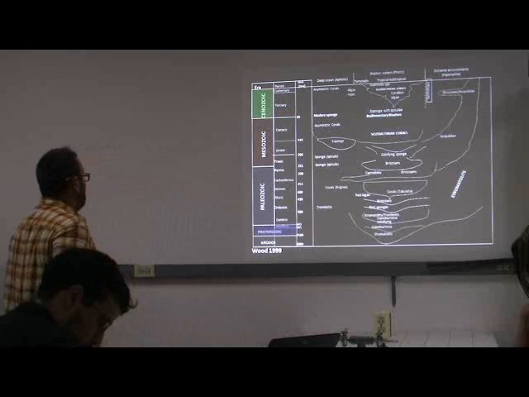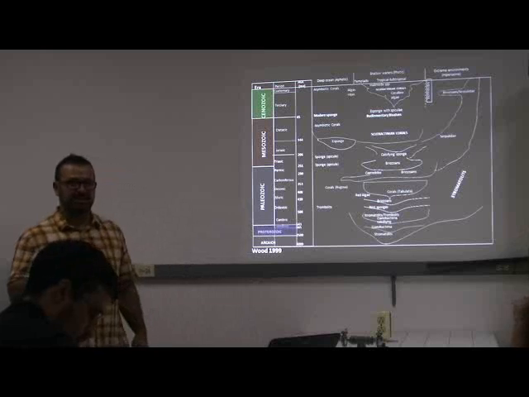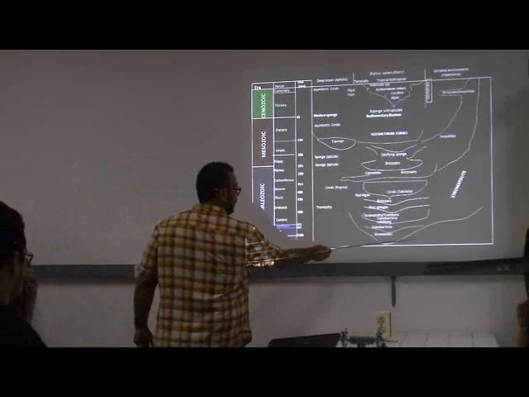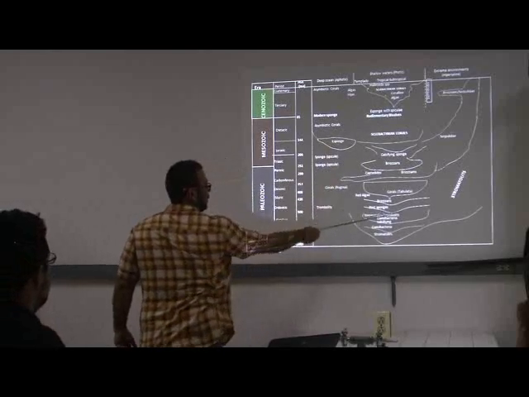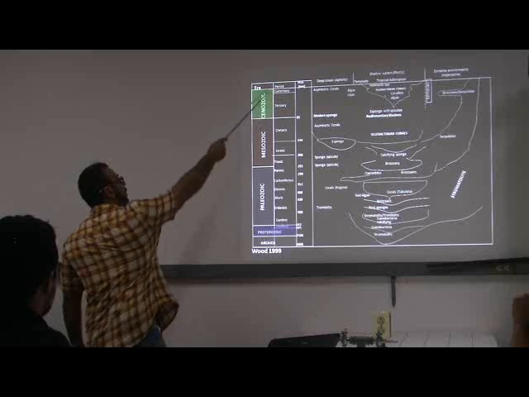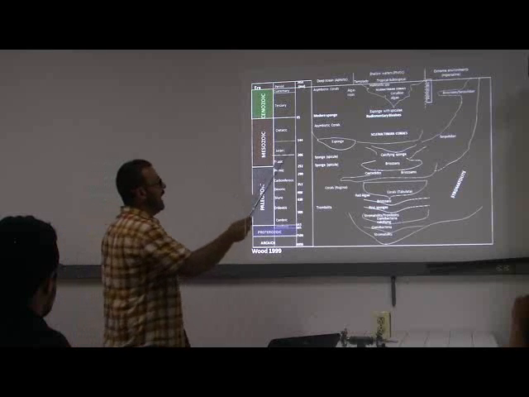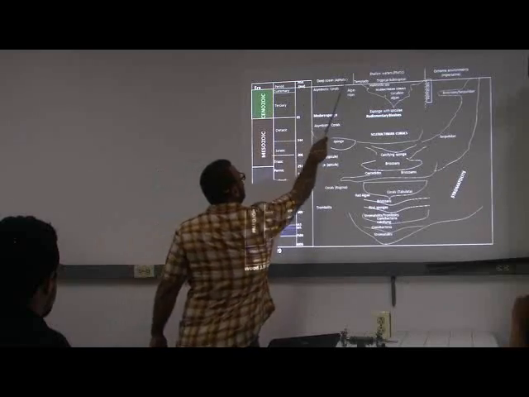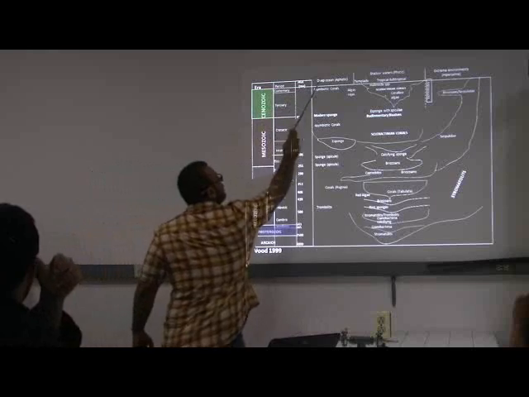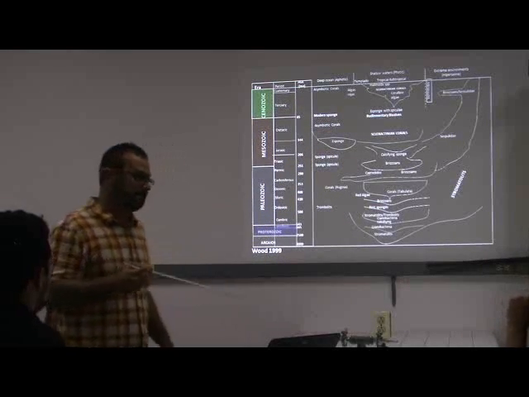If we look at this chart published by Wood in 1999, what we see is that major reef builders, which are represented here, have changed during the whole evolutionary history of the planet. And that happened in different environments, from the deep ocean and shallow water up to stream environments, right?